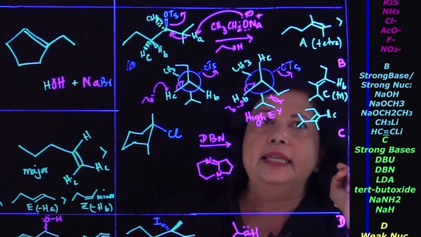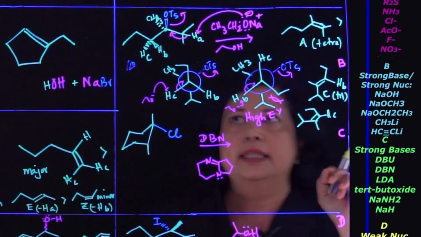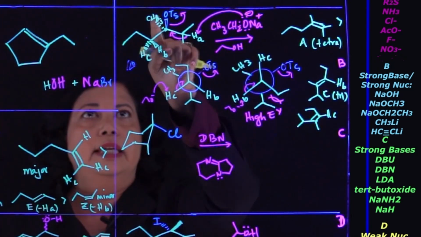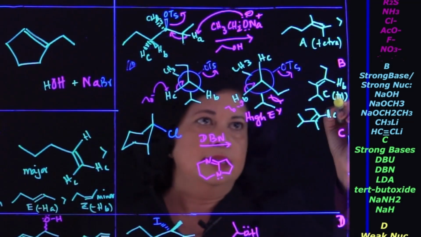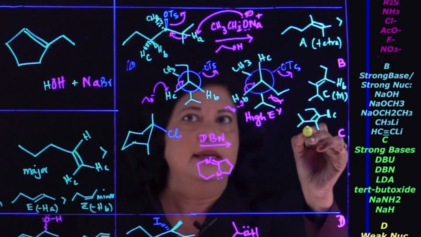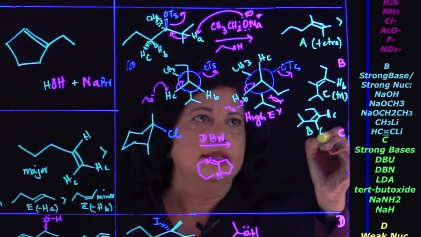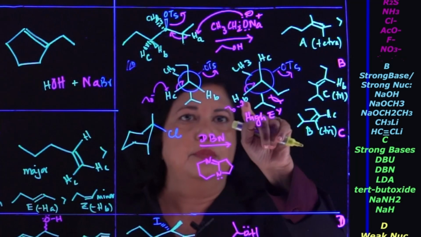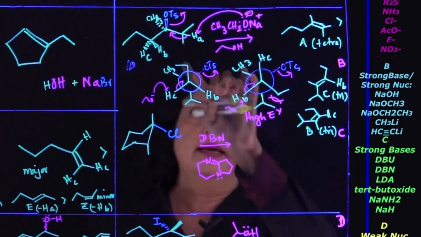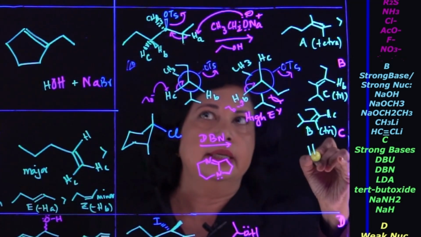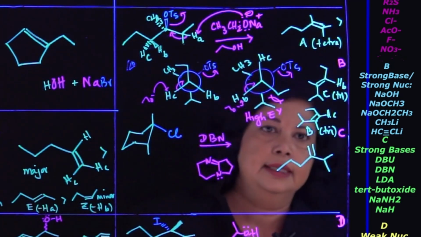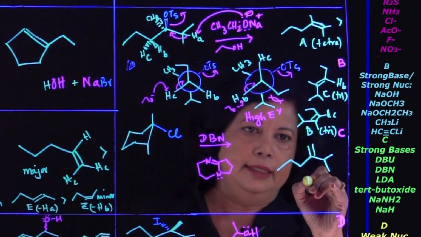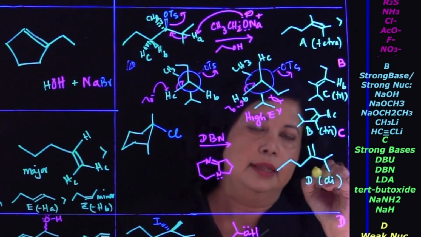Okay, and the least favored of all of this is going to be the one where you're taking off the HD, and that's going to give you a disubstituted. So this is, let's say, B, and that's also tri, because you're pulling off the B proton. And if you pull this off, you would get isopropyl and that's going to be D, disubstituted alkene.